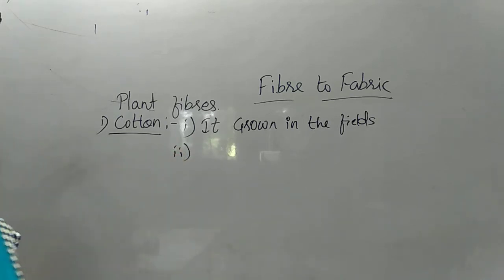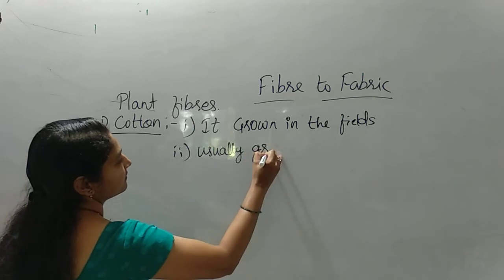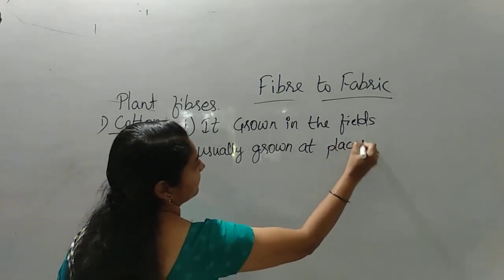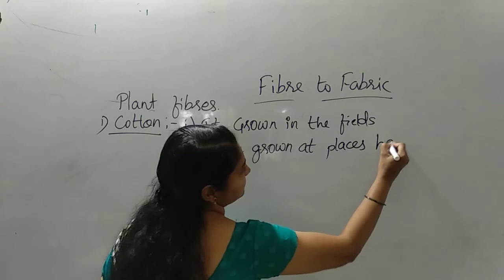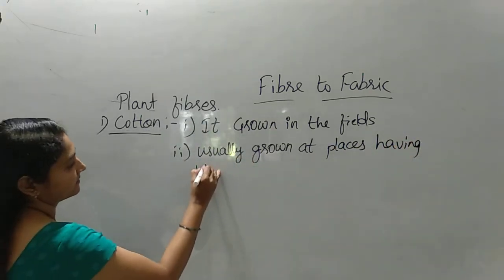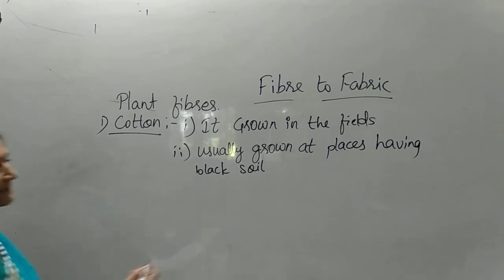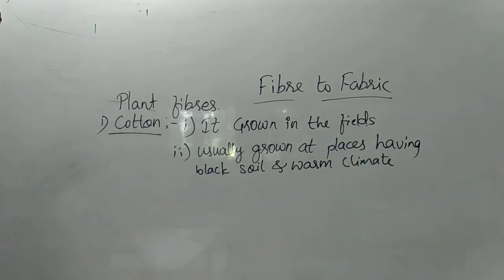The climate must be warm, and the soil must be black soil. Then it is possible to grow the cotton.